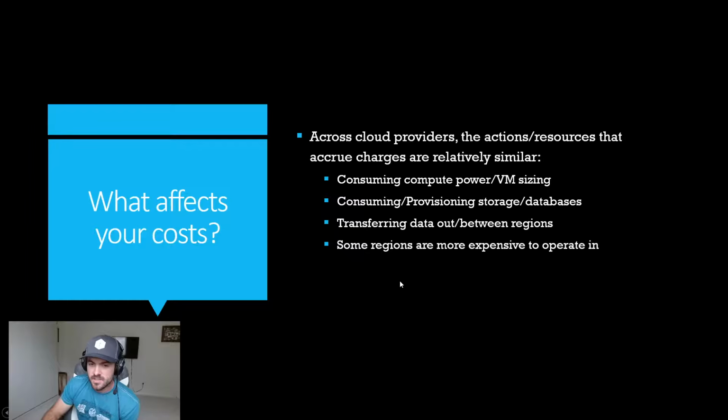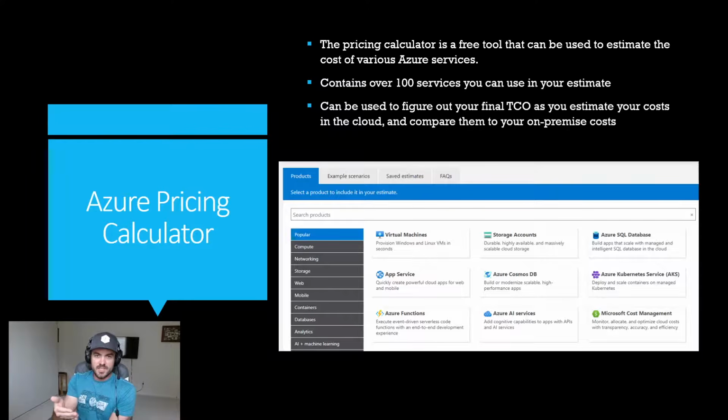So it's nice to, again, monitor and keep up with and proactively, continuously update your resources so that you're staying in line with your budgets and getting the highest return on investment, ROI, that you can possibly get. So the pricing calculator is a free tool that can be used to estimate the cost of various Azure services.